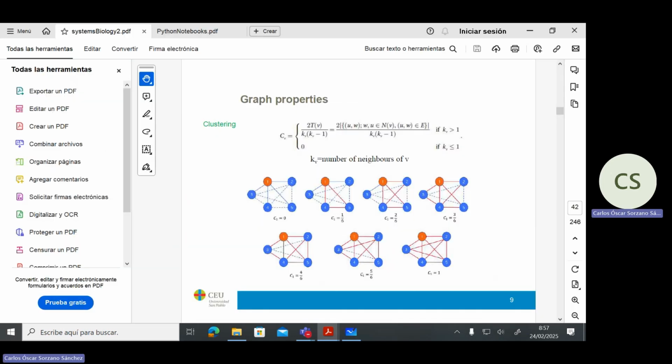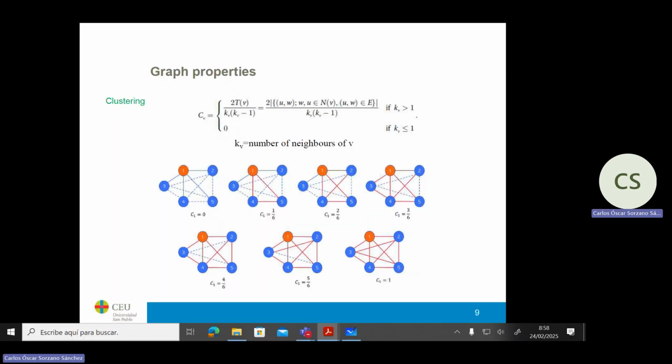And then we will define the clustering of the node V as twice the number of connections between neighbors divided by the degree, or number of neighbors, of V, that is the degree of V. More clear now? Yep. I think it is very important to learn to read this kind of definitions.